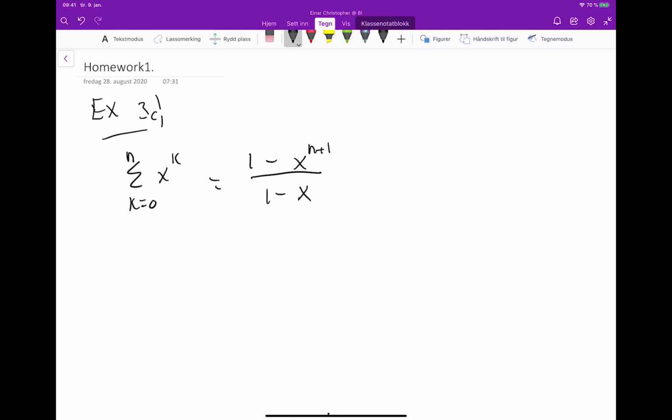And in this special example we get that n is equal to 10 and x is equal to 0.5.